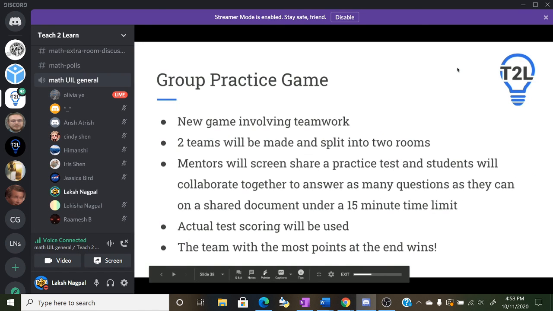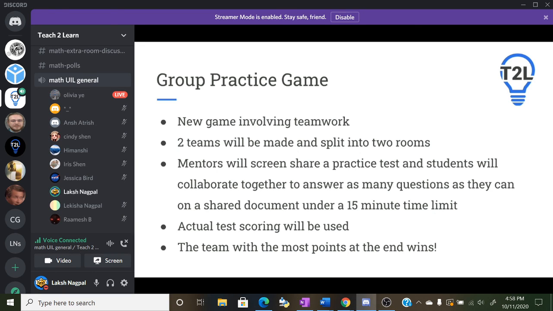I don't think we have any other Kahoots for this game, so just to make it a bit more unique in terms of activities, we have a new one, and it's a group practice game. It's a new game that involves teamwork. Basically there will be two teams, and you'll split into two separate voice channels.